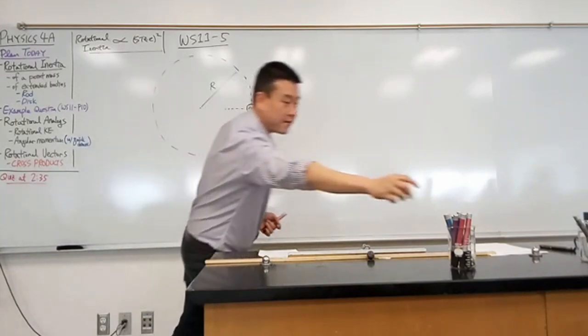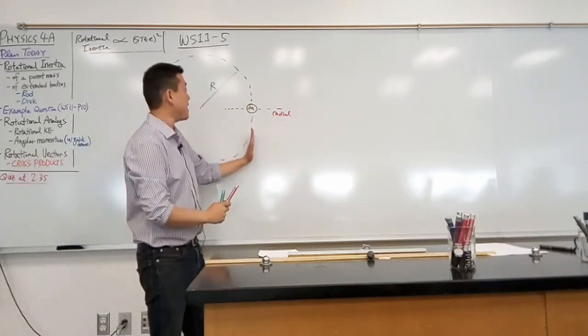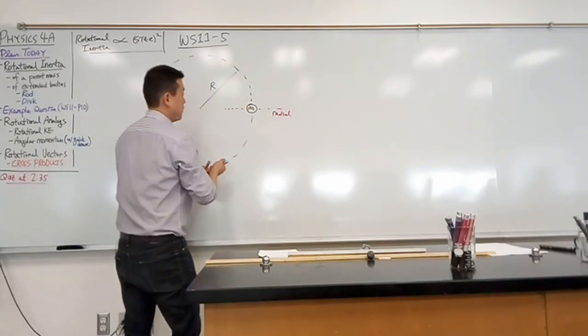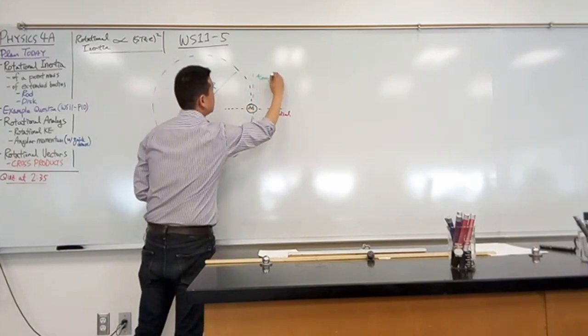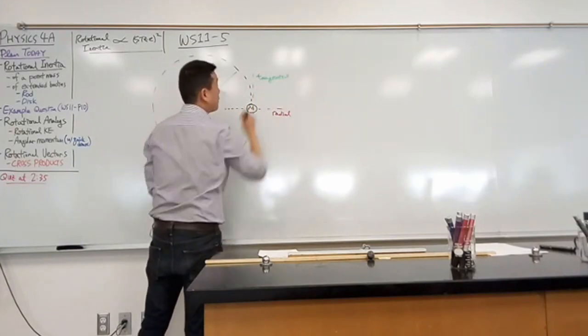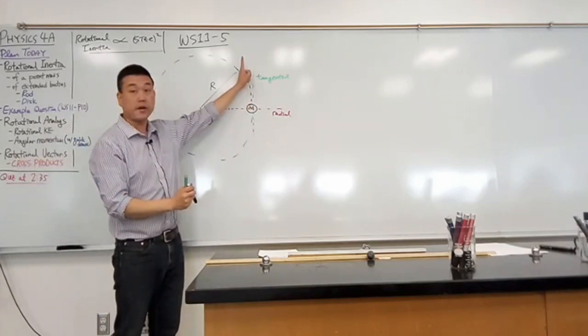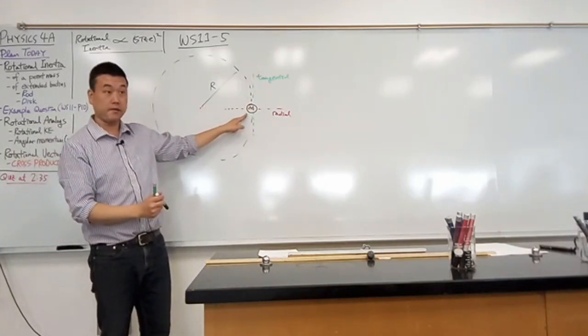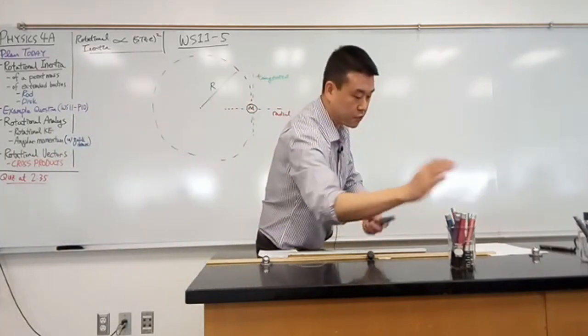And what we call the tangential direction, we call it tangential because it's a tangent to the circle. So this is what we call tangential. So we need to apply a force, and the force would need to be applied in the tangential direction to cause this to rotate, right? Yes? Okay.